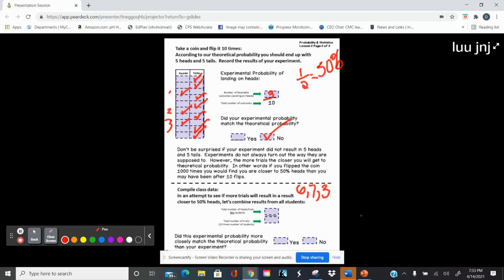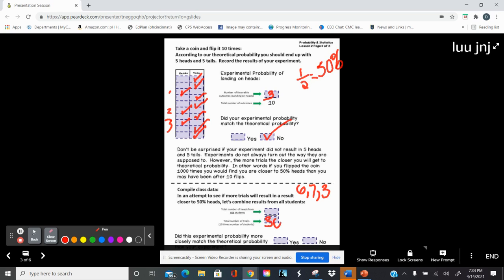Because at this point, if we combine it, then we have a larger sample to evaluate. So let's put 30 down here. And then 6 plus 7 is 13. Plus 3 is 16. Ooh, look, guys. Look how close that is.